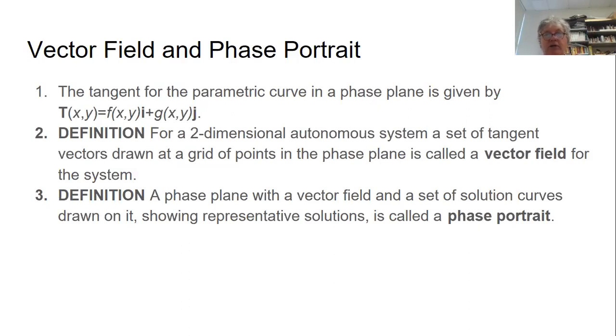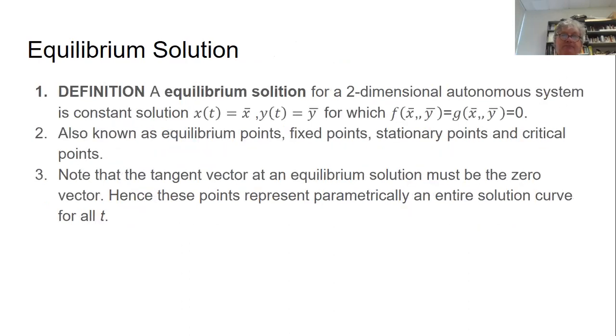The vertical direction is the y direction, so the rate of change is y prime, and that's just g of x,y. If you take a vector field and put in a set of representative solution curves, you get a phase portrait. That's a very nice way to analyze a system of equations.